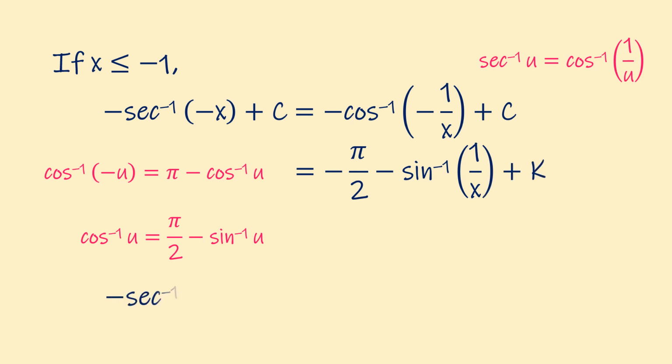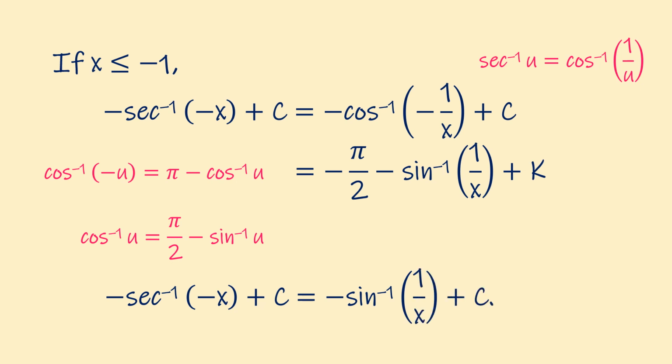Hence, the negative inverse secant of negative x plus c is equal to the negative inverse sine of 1 over x plus c, which is the answer of solution 2.